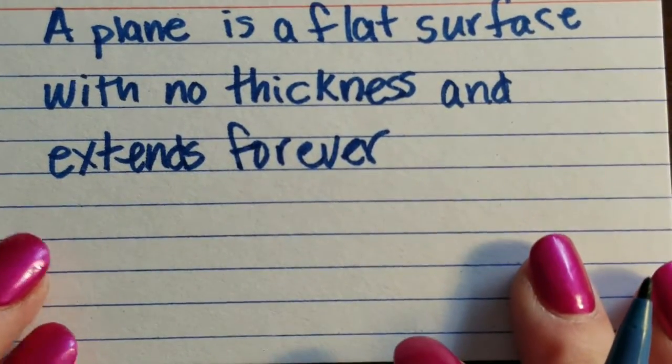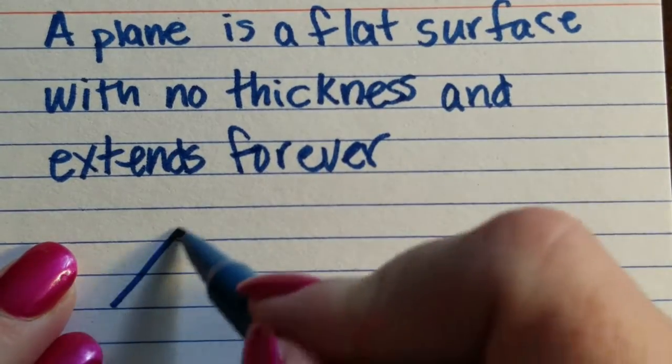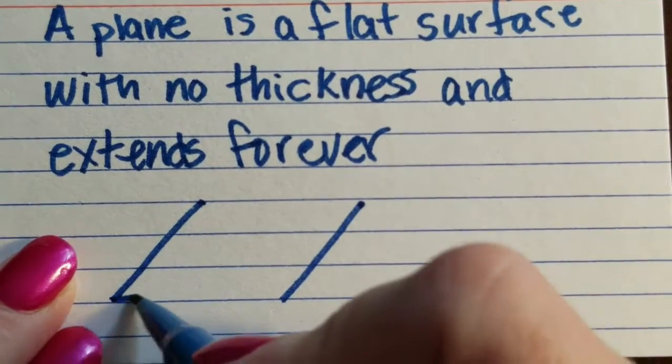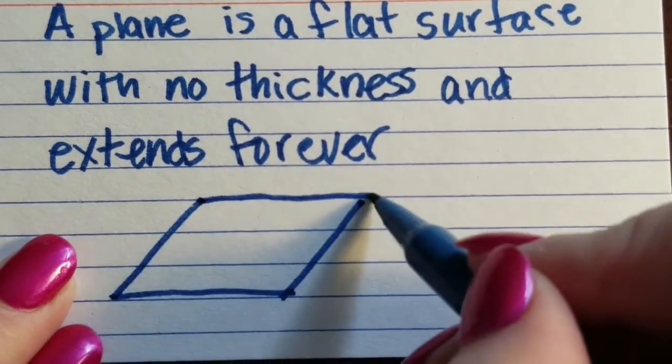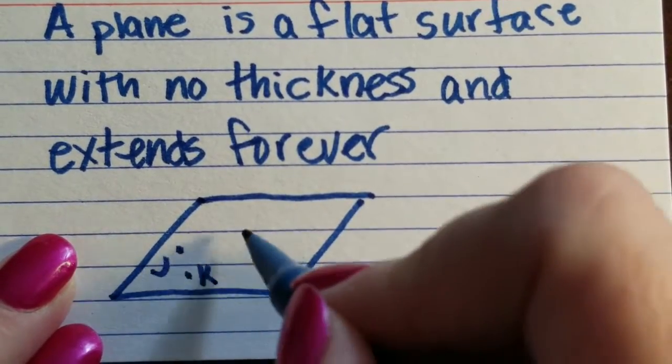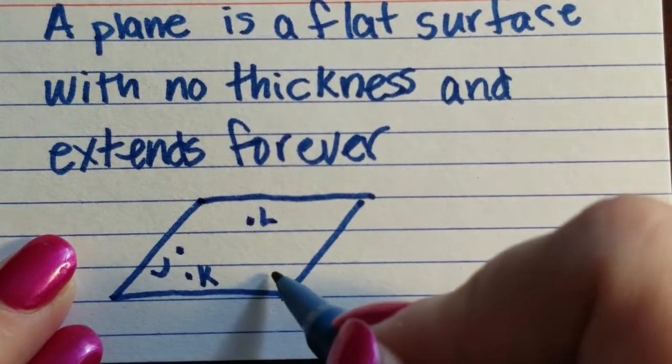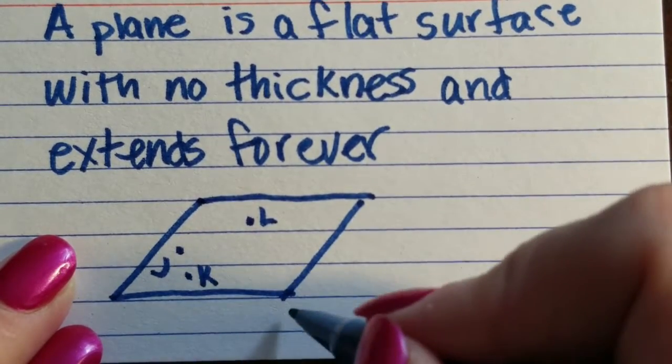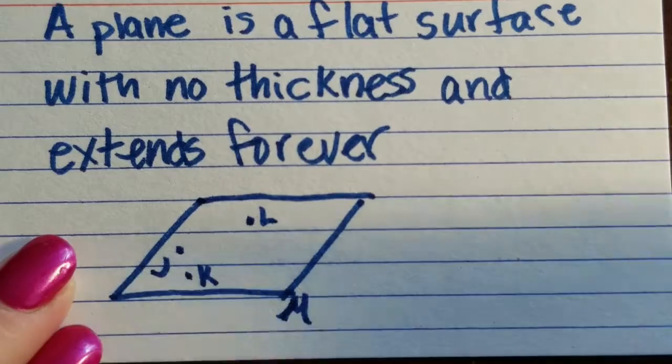And we can draw that kind of like this. It looks like a parallelogram. And we can put some points on it. J, K, L. And we can call that plane M if we want to.